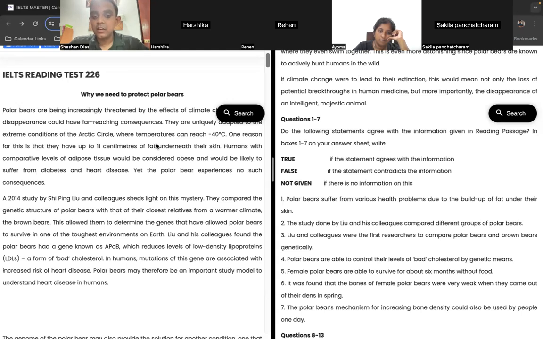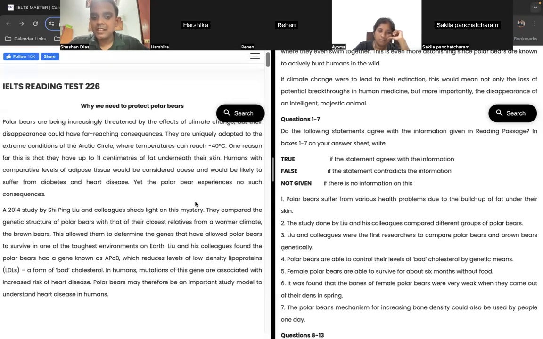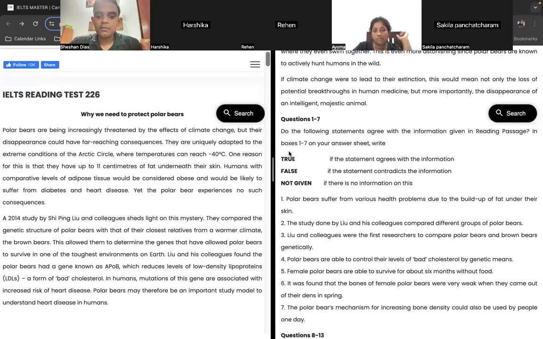No, this is wrong. If you say T, F, N, G instead of true, false, not given, it's wrong. So in your answer sheet, you have to write true, false, and not given.